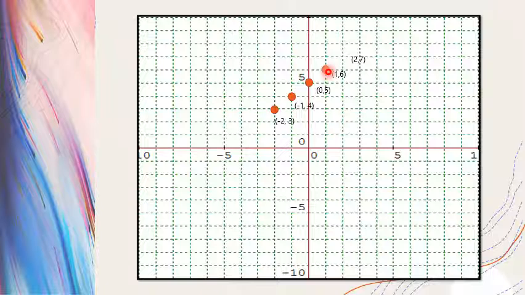And we have 2 and 7, so this is 1 and 2, and then 7, because we count 1, 2, 3, 4, 5, 6, 7. So this is 7. So then connect a line.